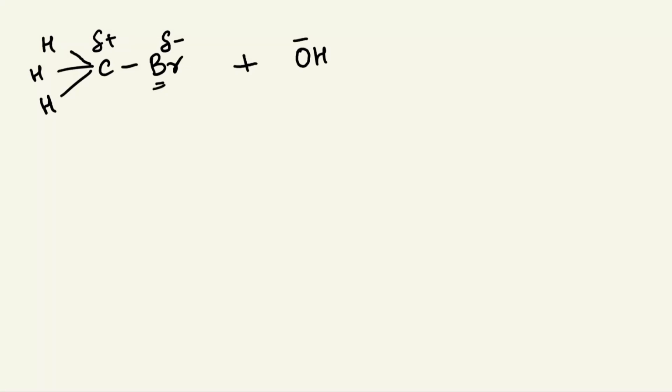So do you think if OH negative, the nucleophile, approaches from this end, it will be effective in forming a product? No way. Bromide is going to shut the door to OH negative and say, come on man, move away from here. This is my area. You better not mess around with me. So again, OH, what does it have to do? Yes, it finds a via route.